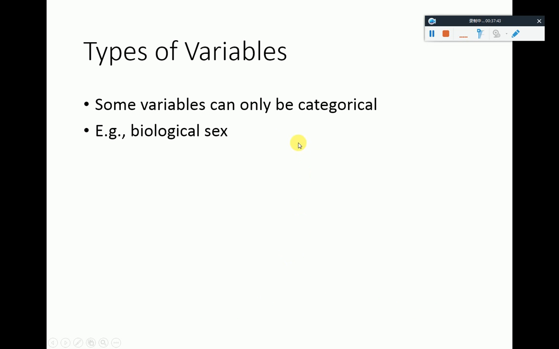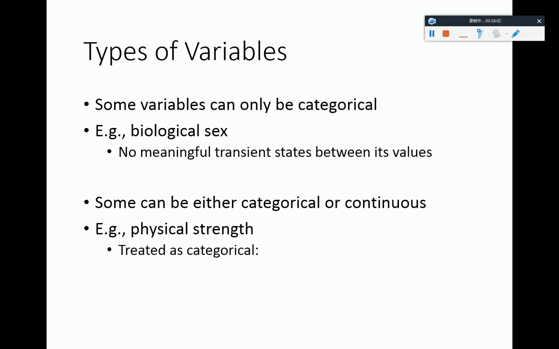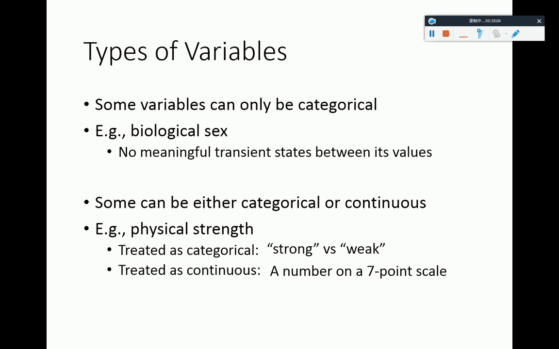All right, and we just went through this, right? Some variables can only be categorical, because there's no in-between, middle-of-the-road state between the two values, but some variables can be either categorical or continuous for reasons we just discussed. If we treat physical strength as categorical, we'll say someone is either strong or weak.